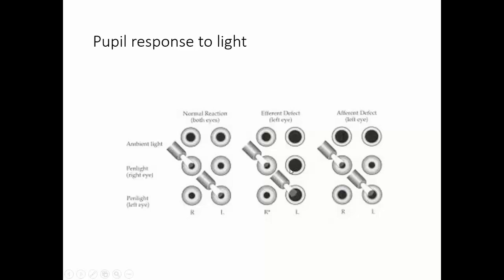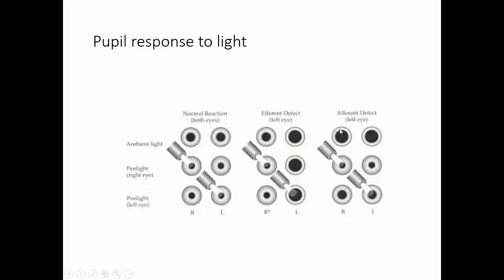This is because the innervation to the sphincter is defective. In the lower picture, when the light is shown to the left eye, the affected eye, you don't get the constriction here, but the consensual light reflex is very good. So this is the kind of picture you see in efferent pupillary defect.